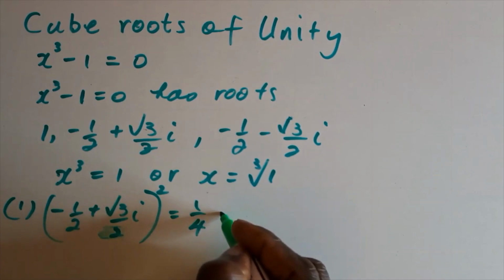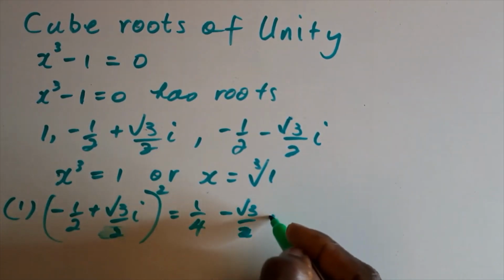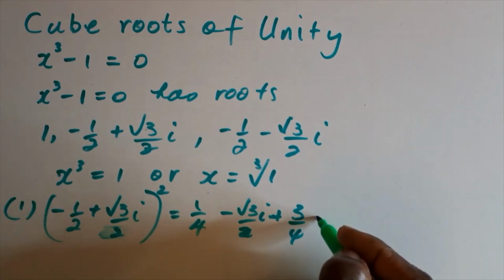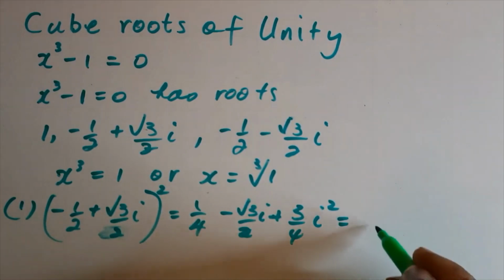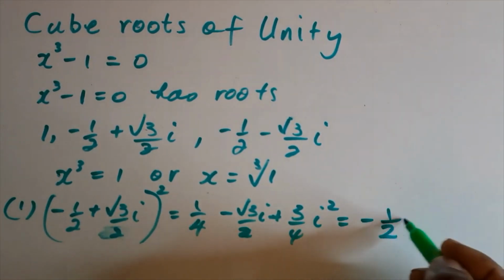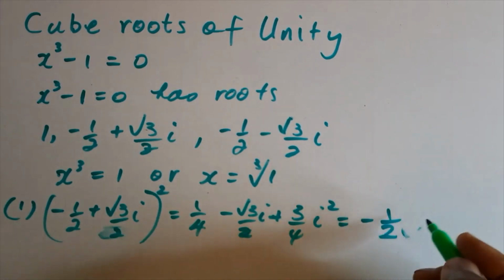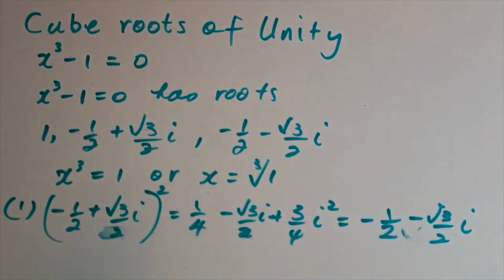So this is a quarter minus root 3 over 2i added to 3 over 4i squared, and this gives us minus a half minus root 3 over 2i. So we started with this and we square it. We have the conjugate.